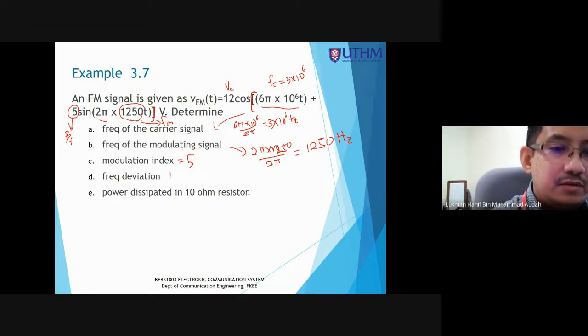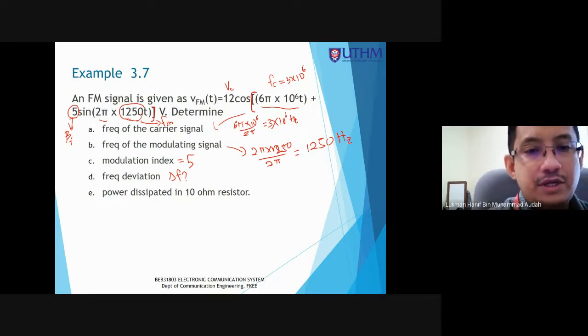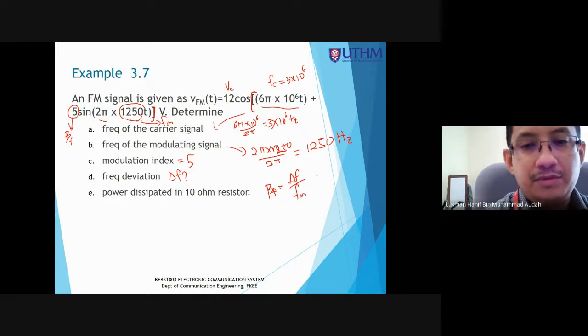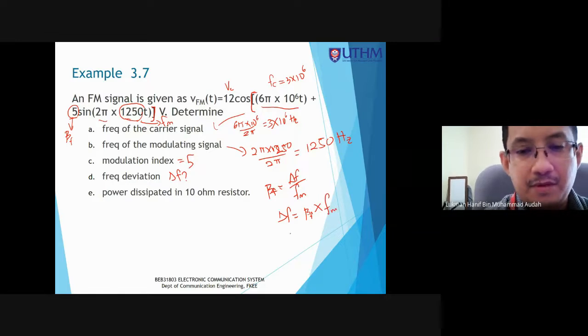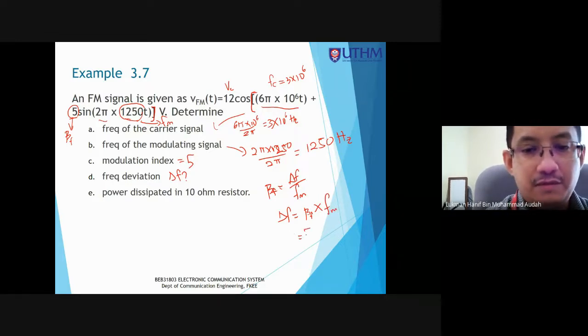Frequency deviation, delta F, how much? Remember that beta F is equal to delta F over Fm. So delta F is equal to beta F multiplied by Fm. This is 5 multiplied by the modulating frequency, which is 1250.